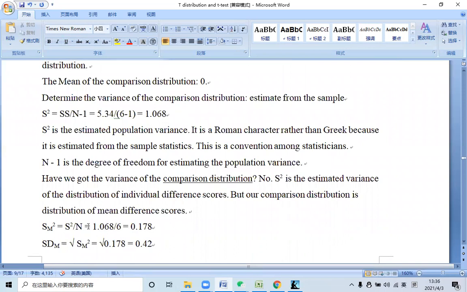Now we need to divide it by n, the sample size. Sample size is 6. Now we have a distribution of means, sample means. This is the estimated variance of the distribution of sample means with sample size equal to 6.